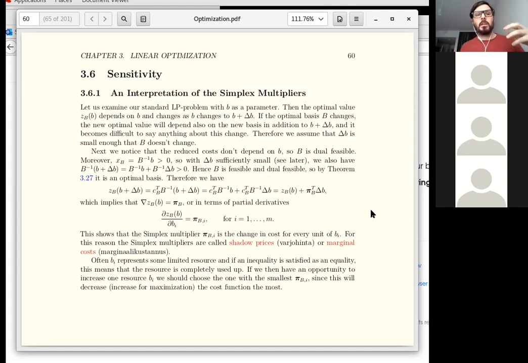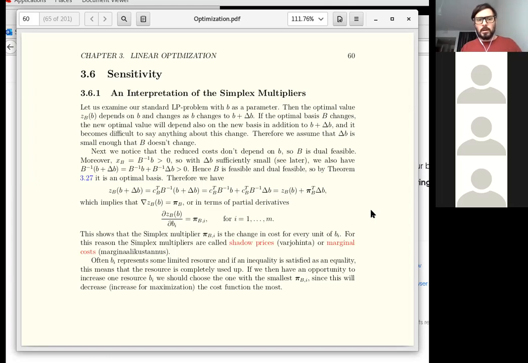What it means is that we can use these simplex multipliers to look at how the problem's solution would react if we take the constraints in the B vector and we change those constraints a little bit. We increase or decrease them. The simplex multipliers will tell us how the problem will react.